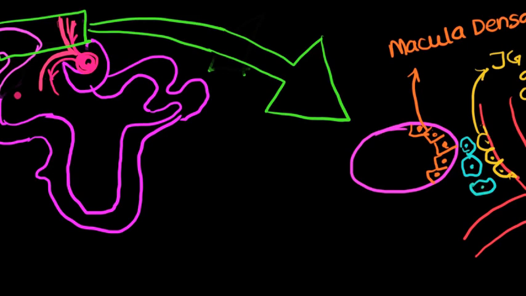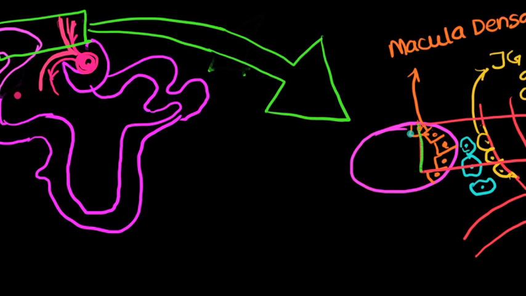Okay, mesangial cells basically have a macrophage-like action inside the glomerulus, and these are outside the glomerulus, therefore known as extraglomerular mesangial cells. Now, these three components together are known as the juxtaglomerular apparatus.